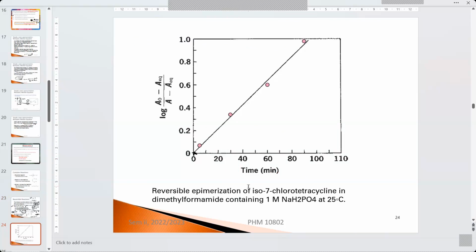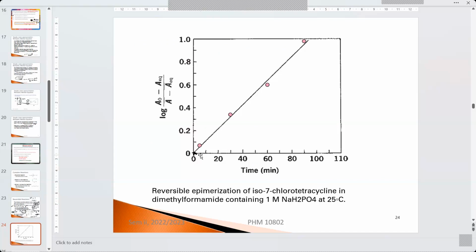The change in the stereoisomer form, we call it epimerization. This is a reversible reaction that happens to iso-7-chlorotetracycline when we put it in dimethyl formamide containing sodium dihydrogen phosphate at 25 degrees, meaning at room temperature, when the concentration is 1 molar.